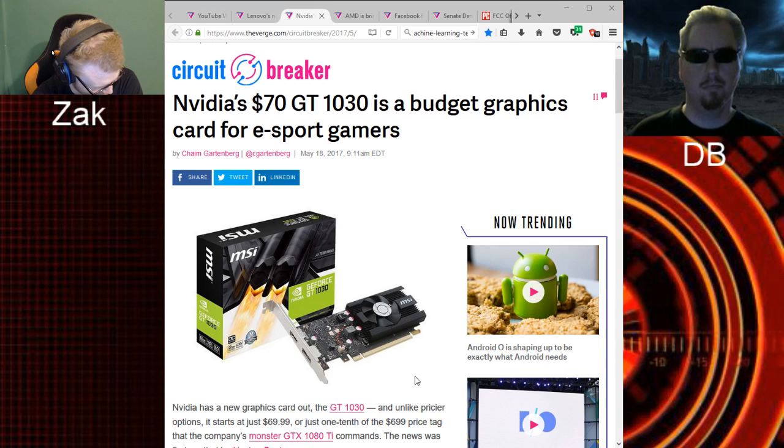Now the question is, if you could SLI, and damn you Nvidia for SLI, would you actually entertain the idea of taking at least two of these for $140 versus a 1060?